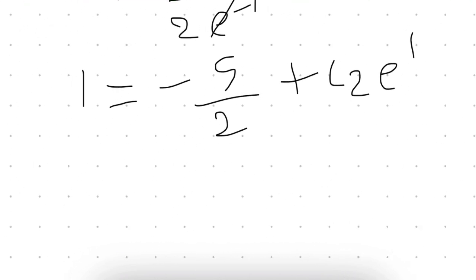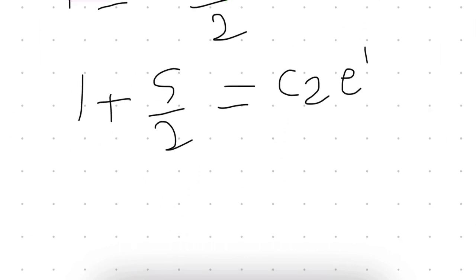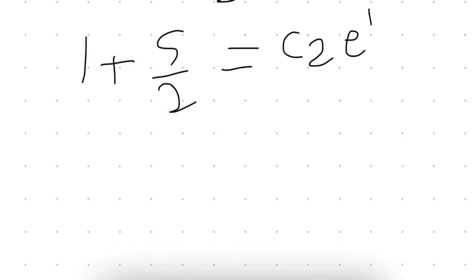We're going to put this on the other side. So 1 plus 5 over 2 equal C2e1. Okay, so now we simplify.